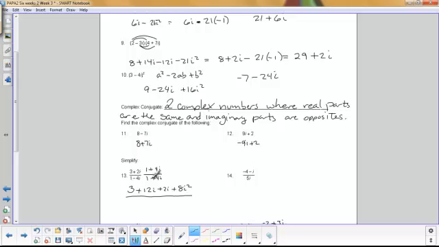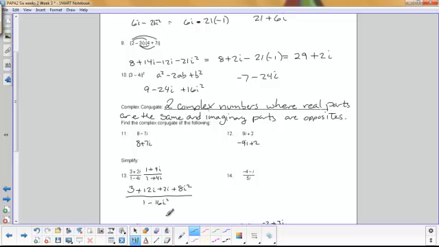Complex conjugates cancel each other out, much like a squared minus b squared. The difference of two squares cancel one another out. The imaginary parts are removed, and what's left is your answer. So you get 1 squared minus 16i squared.